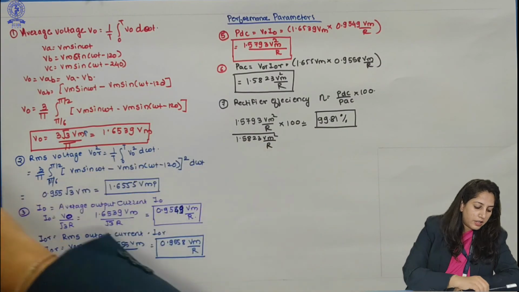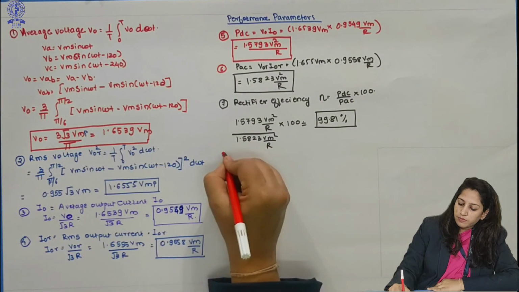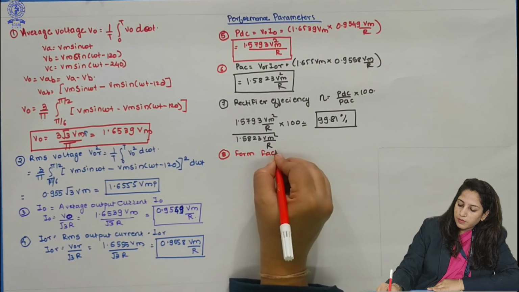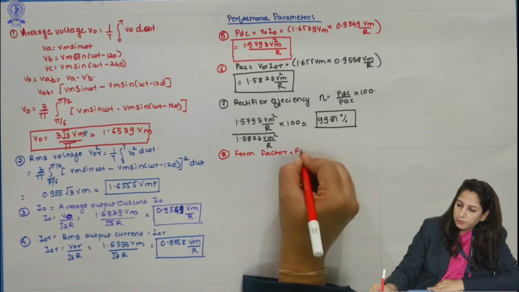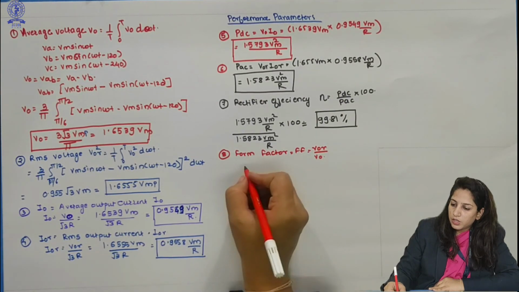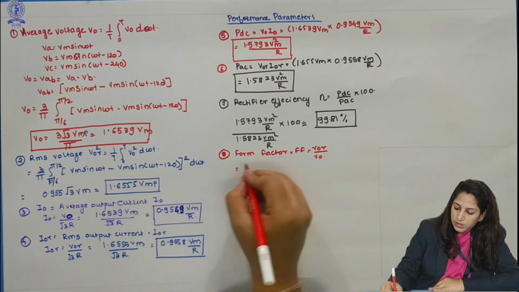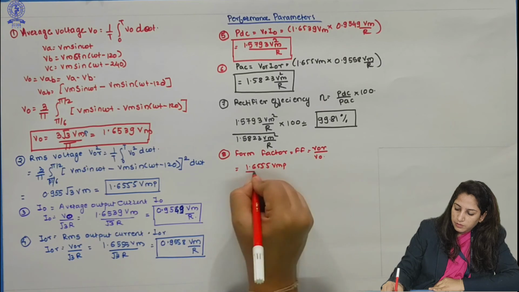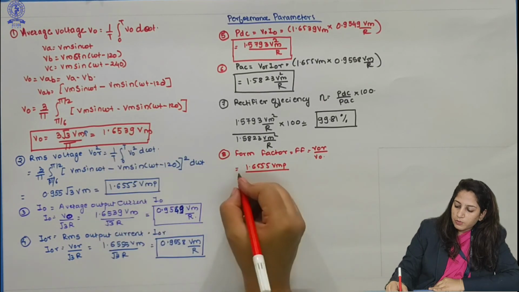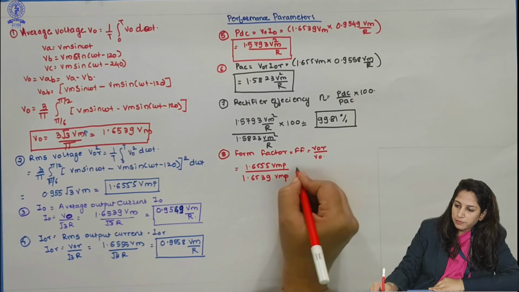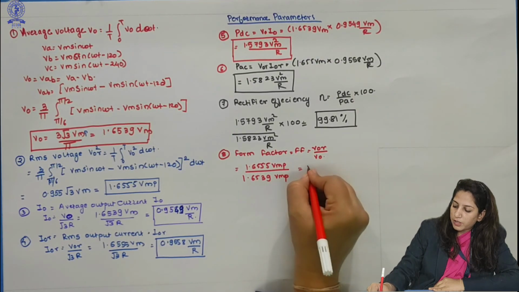Then the next factor is the form factor. The form factor FF is nothing but the RMS value of voltage to the average value of voltage. We know the RMS value of voltage is 1.6555 Vm, and the average value is 1.6539 Vm. So this will become 1.0009.